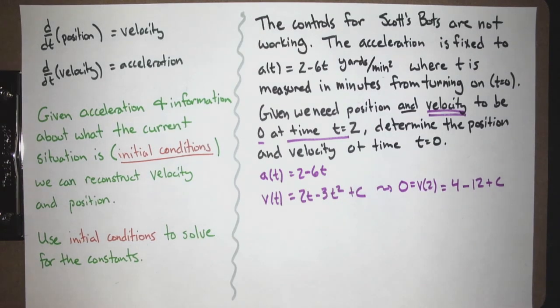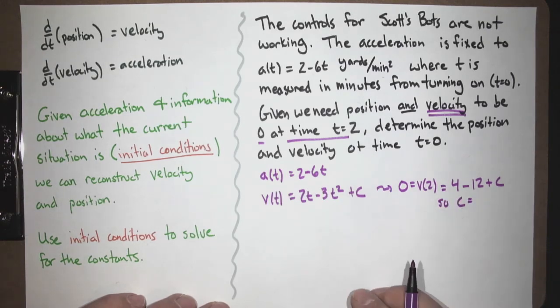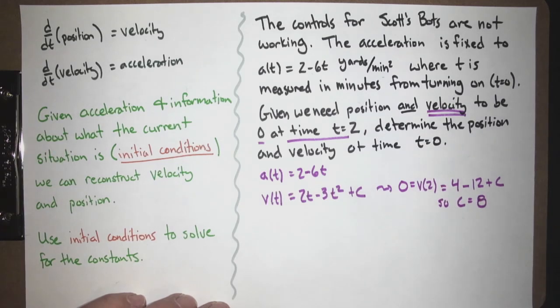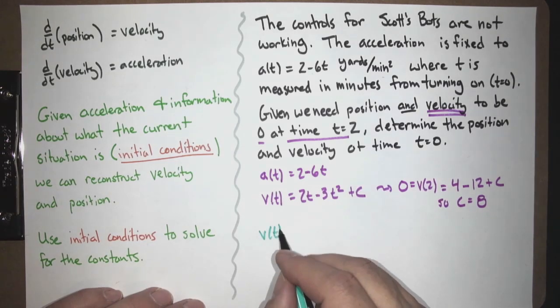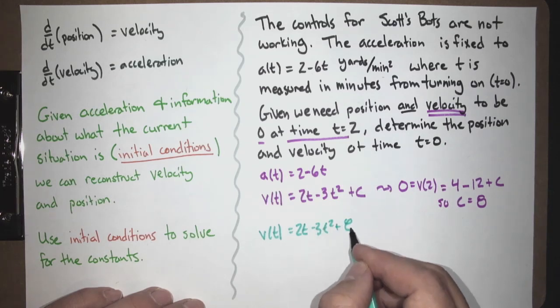So 4 minus 12 plus c has to equal 0. So what does that tell us about c? C is equal to negative 8? I think it's positive 8. Yeah, positive 8. All right. So now we can update. We say, cool. So our real velocity function is 2t minus 3t squared plus 8.